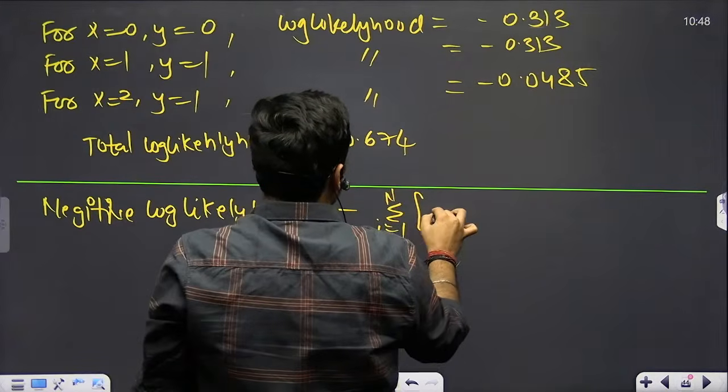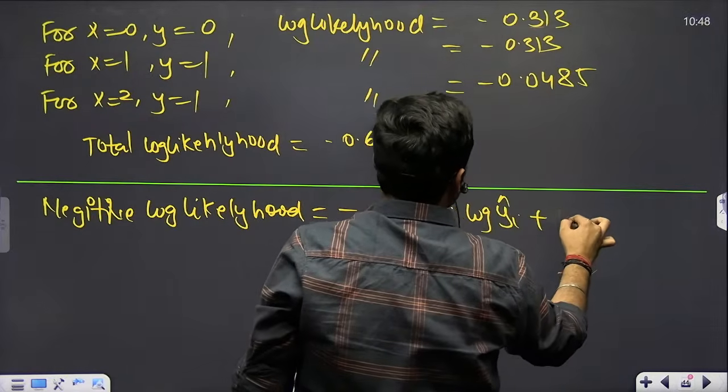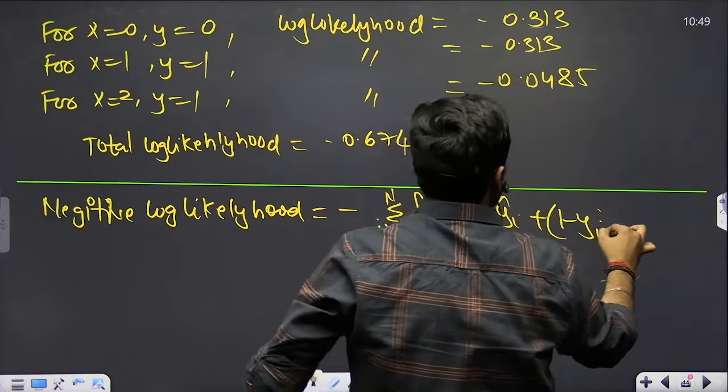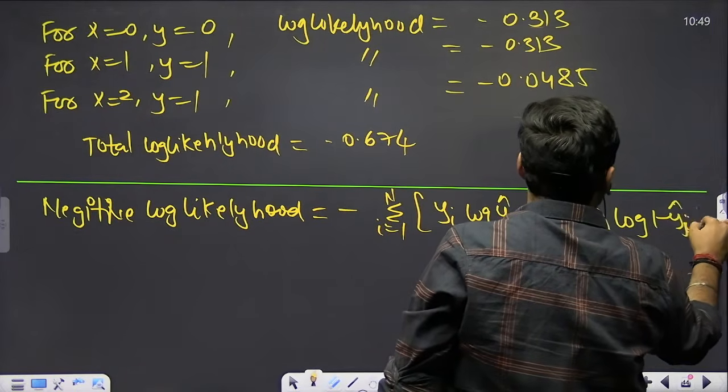So this is the negative log likelihood: minus the sum of yi log yi hat plus 1 minus yi log 1 minus yi hat.